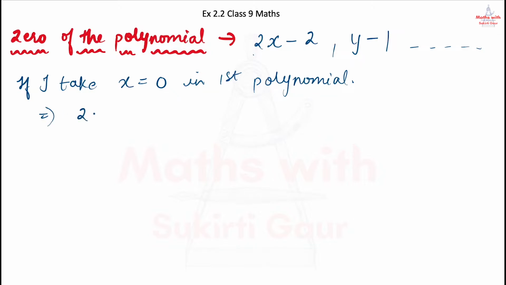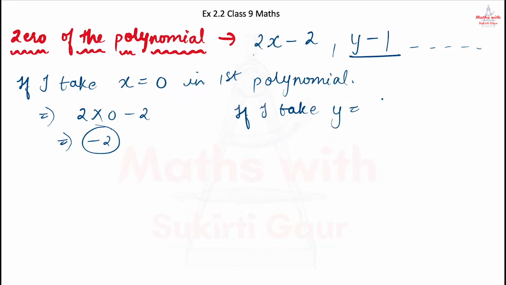Let us put that value: 2 into 0 minus 2. We are getting minus 2. We do the same thing with the second polynomial. If I take y equals to 0, then we will be getting 0 minus 1, which is minus 1. Now in both of the cases we took some random value of x and y and we got some answers as minus 2 and minus 1.